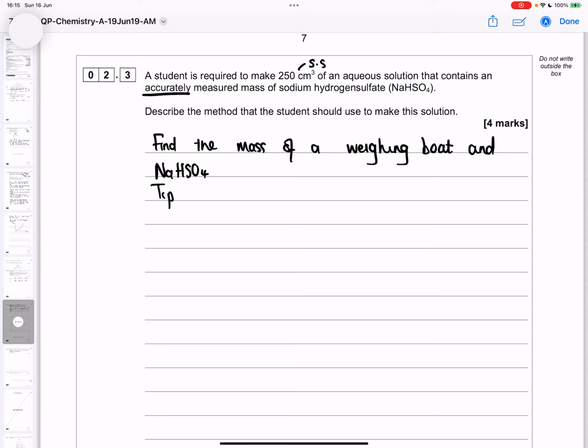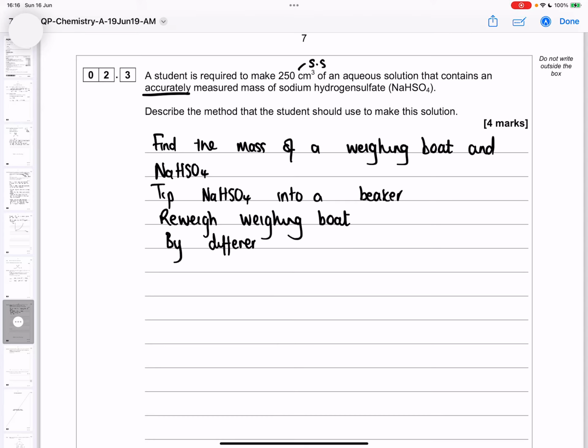I'm going to tip the sodium hydrogen sulfate into a beaker, reweigh the weighing boat, and then by difference find the mass of the sodium hydrogen sulfate.